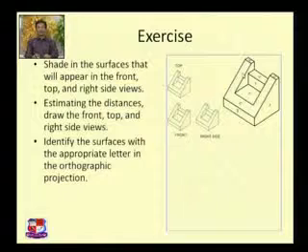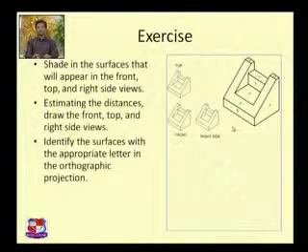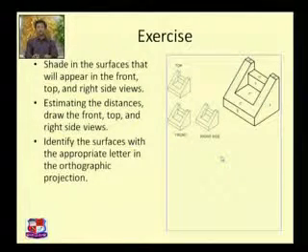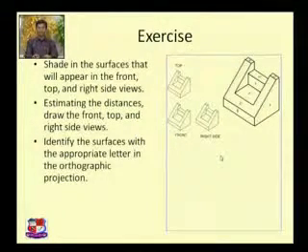Suppose in the front view, which faces would be visible? You can see here the face A will not be visible in the front view. Estimate the distances, draw the front view, top view and right hand side view. Identify the surfaces with the appropriate letter in the orthographic projections.